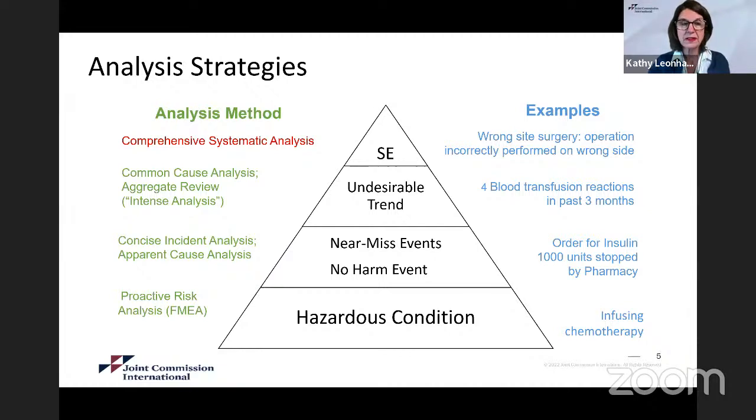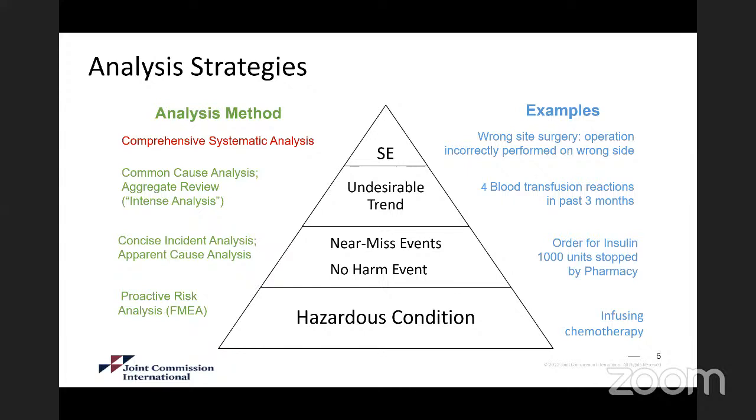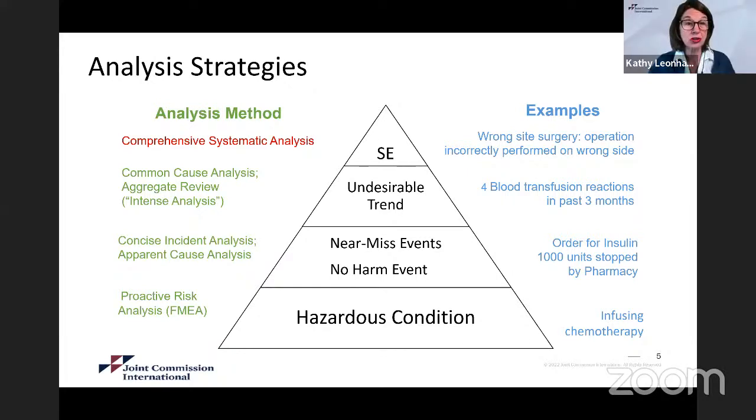The concise incident analysis or apparent cause analysis is a limited investigation for those events that may not result in harm or minimal harm or a near miss, right? And these are usually due to some obvious mistake or failure in the system. So they don't require the intense analysis that's required for something like a more significant pattern or trend, or of course, a sentinel event.